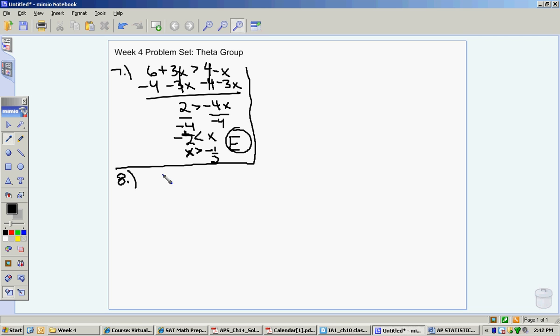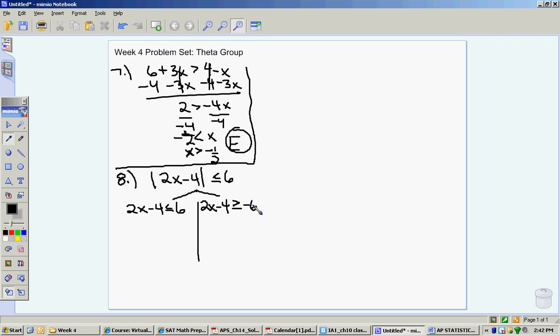Which of the following is not a solution? Again, by all means, plug it in. The answer is A, but I'll show you the algebra behind it. You get the absolute value of 2x minus 4 is less than or equal to 6. We have to branch it off. There's going to be two separate solutions here. First one we get by doing 2x minus 4 is less than or equal to 6. The second one we get by doing 2x minus 4 is greater than or equal to negative 6.